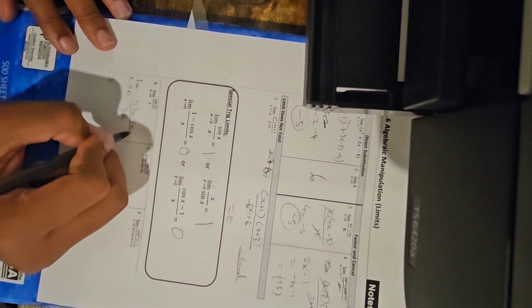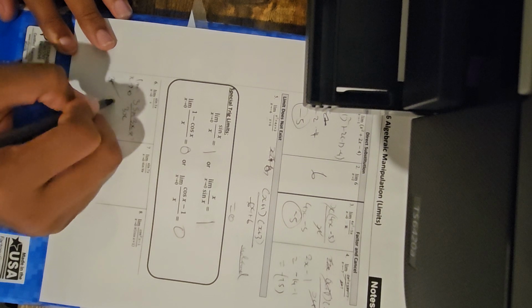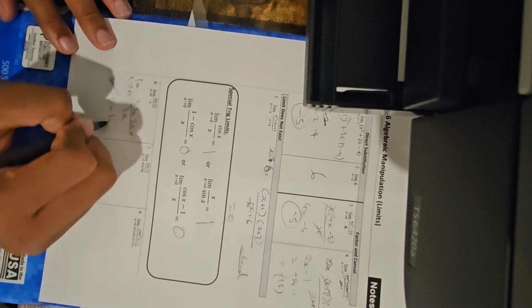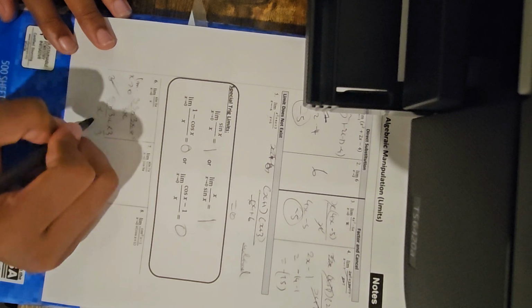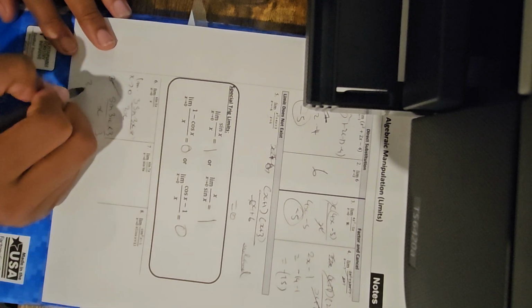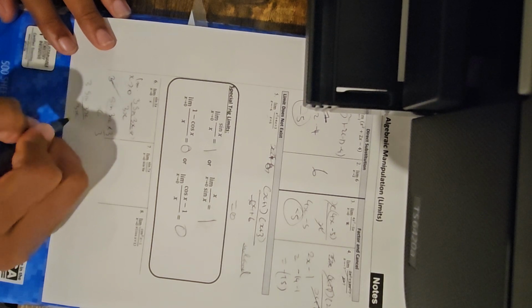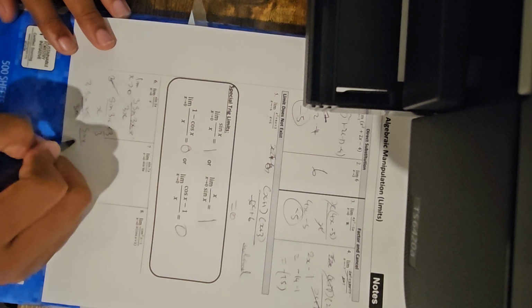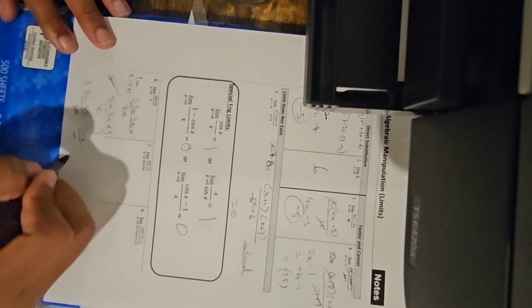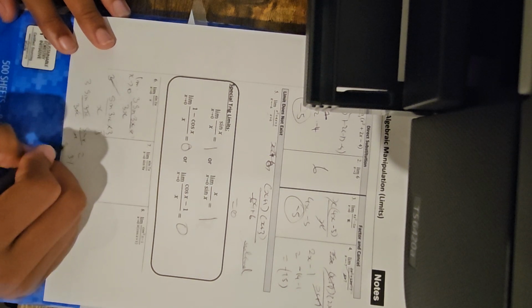So let me expand it out. It'd be sine 3x times 3 over 3. So this should give us 3 sine 3x over 3x. It just cancels out. That's just sine x over x, which equals 3 times 1, equals 3.